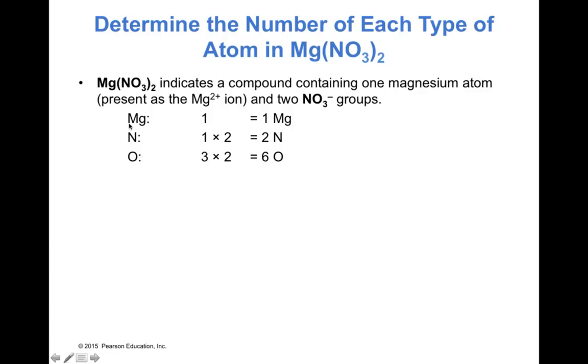So we have 2 nitrogen. And for each nitrate, we have 3 oxygen. But because we have 2 nitrate, it's going to be 3 times 2, 6 oxygen. So here we have 1 magnesium, 2 nitrogen, and 6 oxygen.